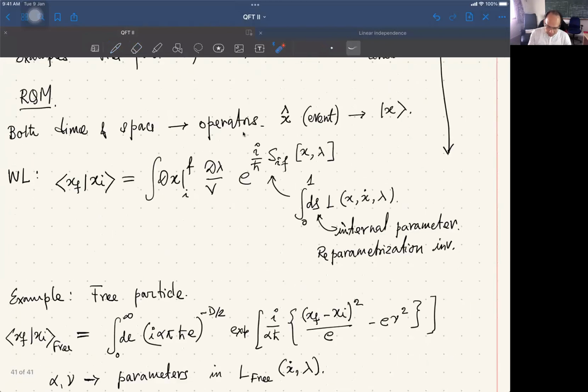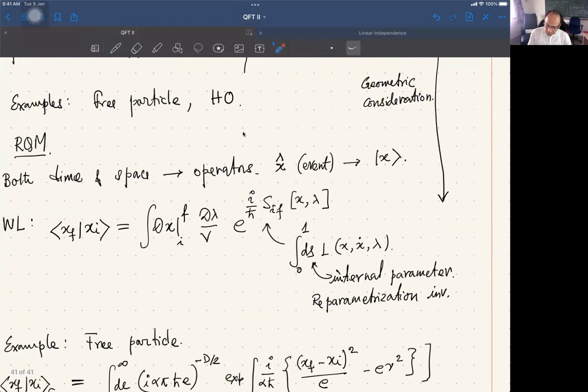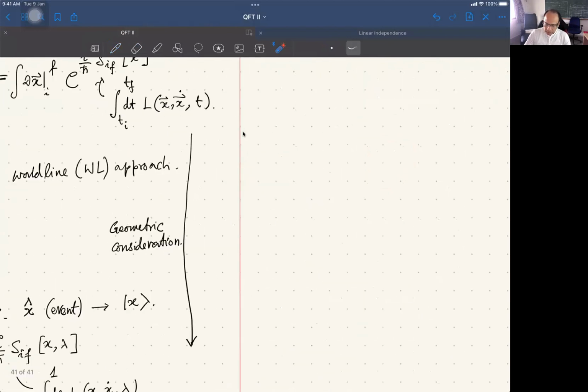In relativistic quantum mechanics, both time and space became operators, and therefore you have a state vector that is labeled by space-time or the event.